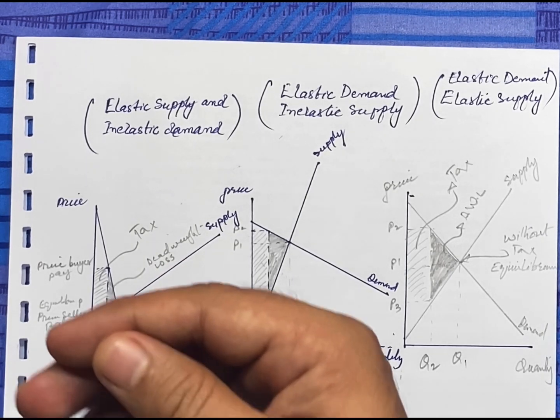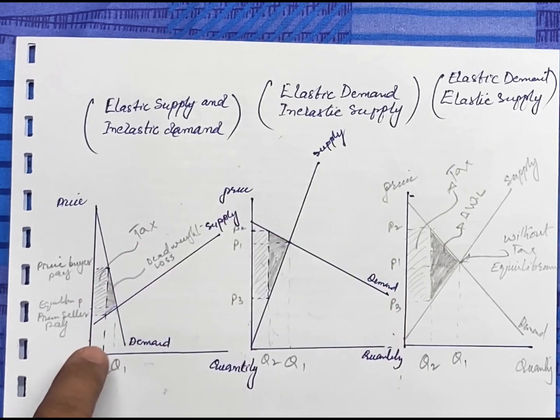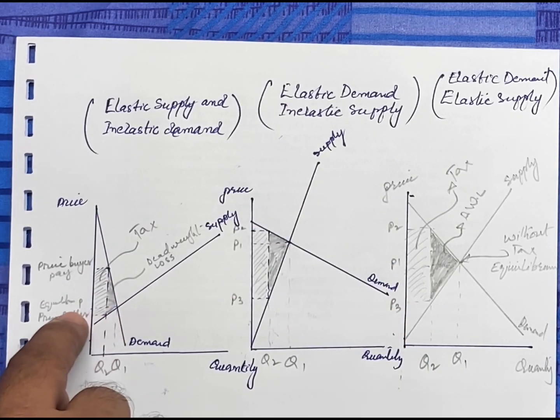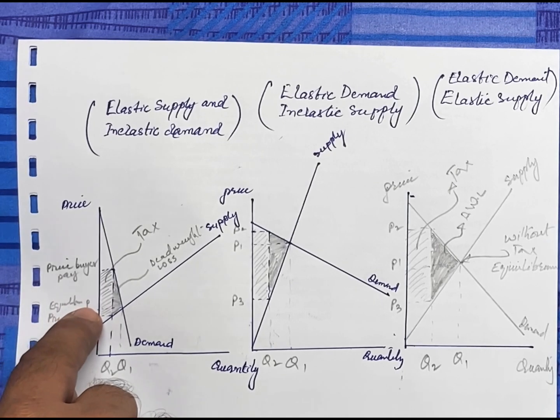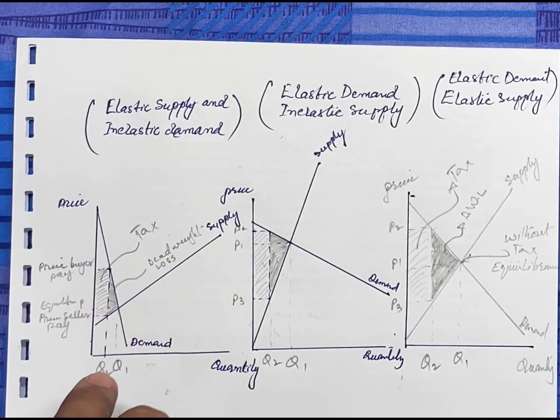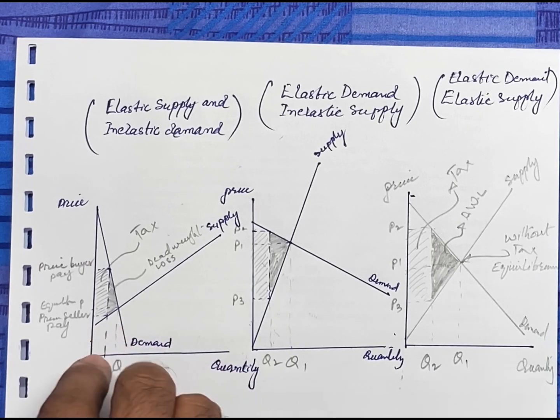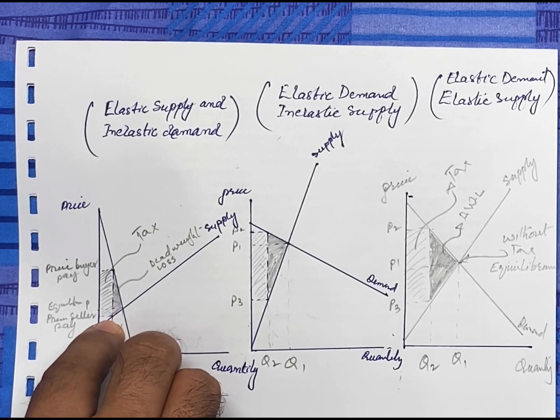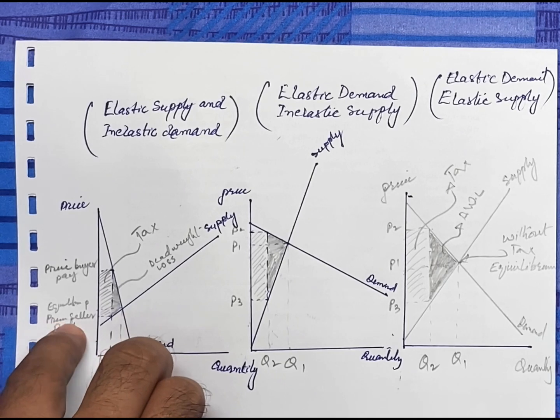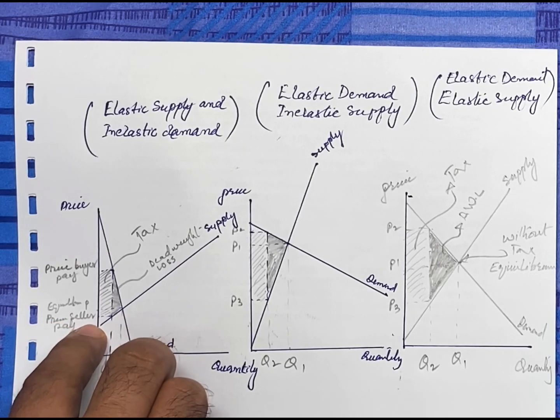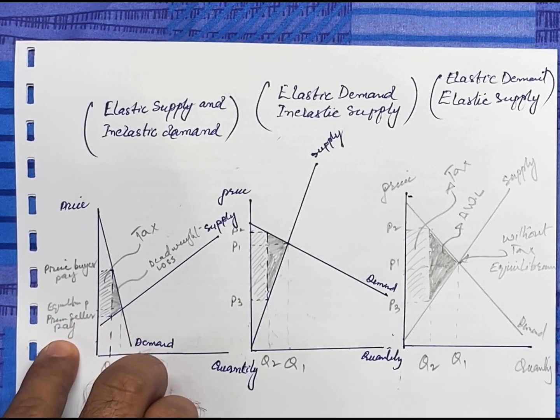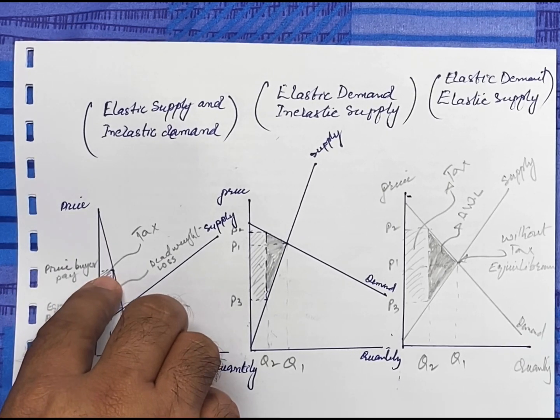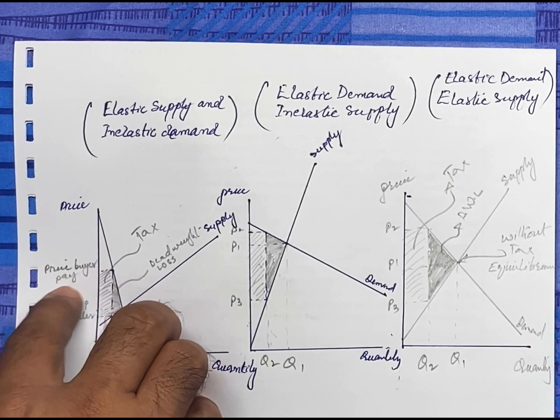So here, when government imposes the tax, what will happen? Okay, let's start from the beginning. The initial price is here, P, the equilibrium price is this one. When government imposes the tax, this will be the price which a seller will receive, and this is the price which the buyer will pay.